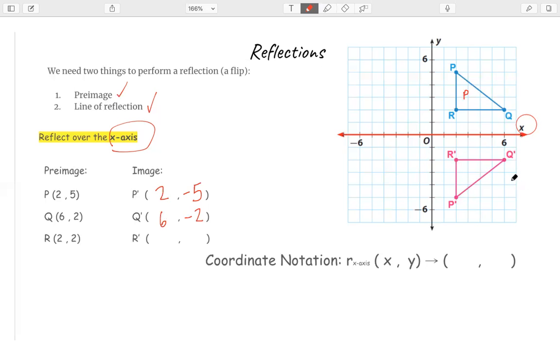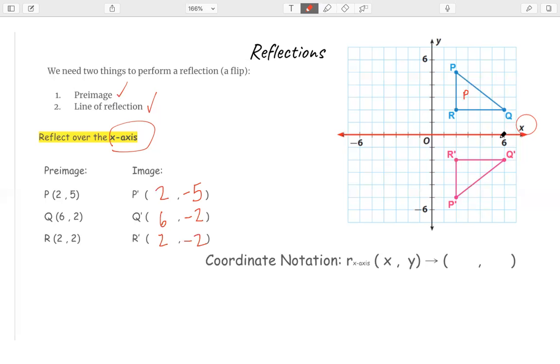Last but not least, R' is at positive 2, -2.